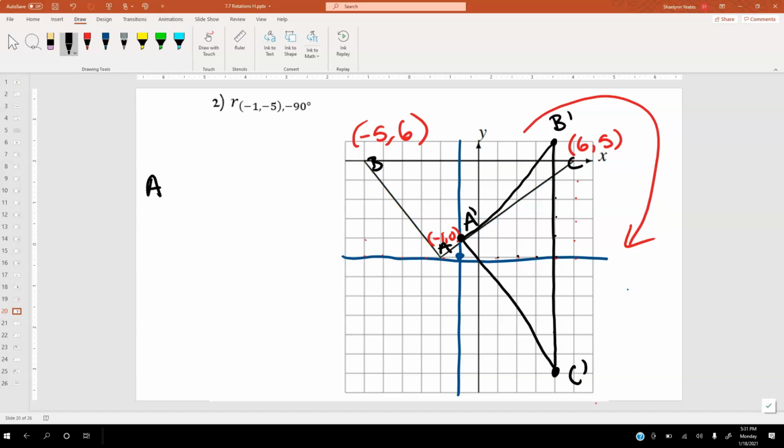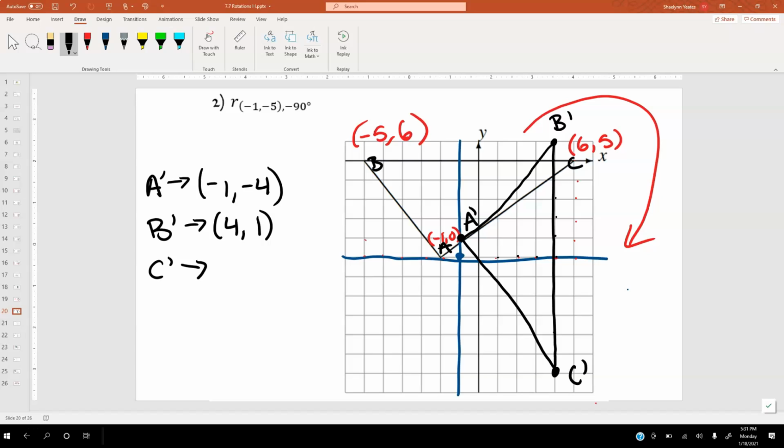So A prime is (-1, -1). B prime is now at (4, 1).